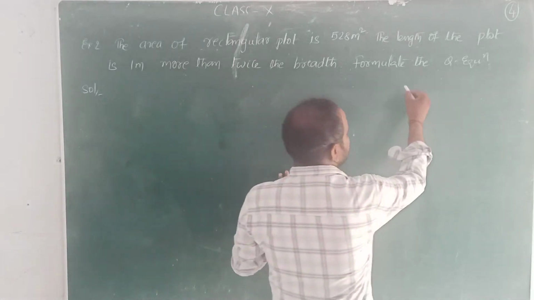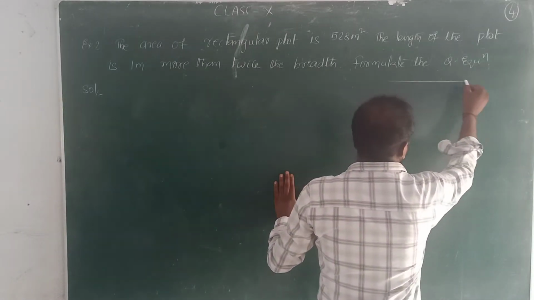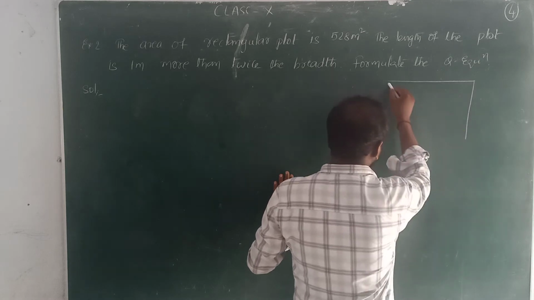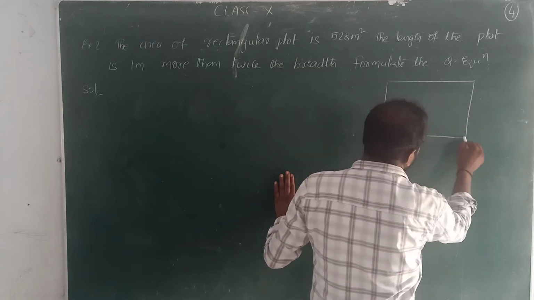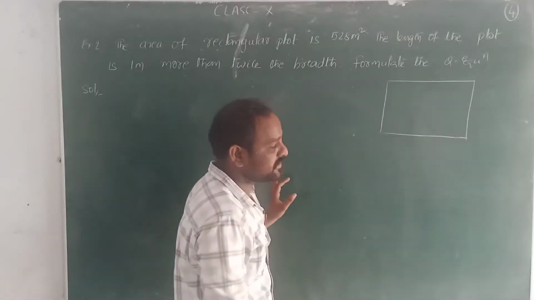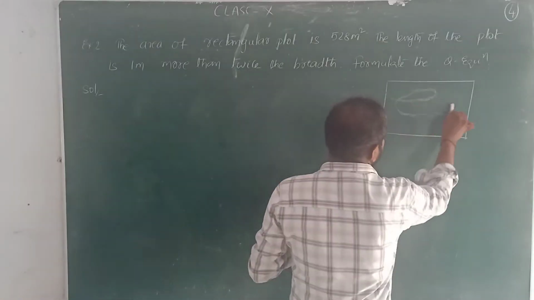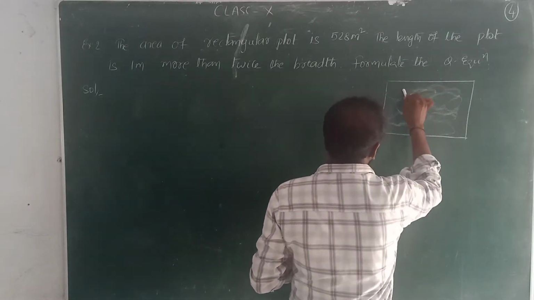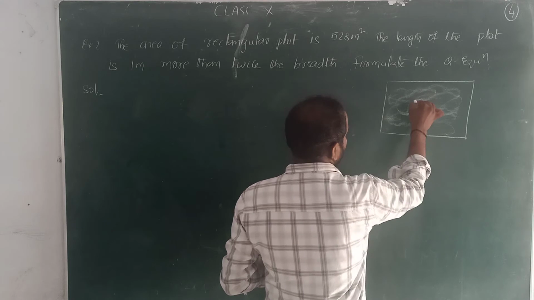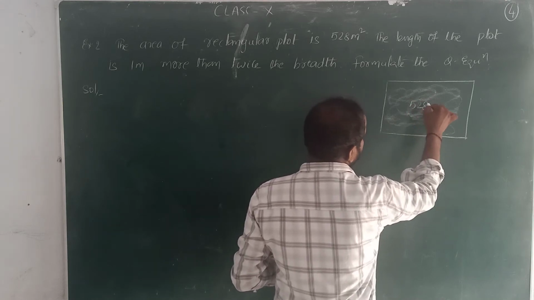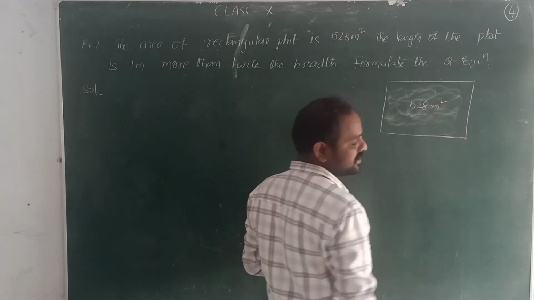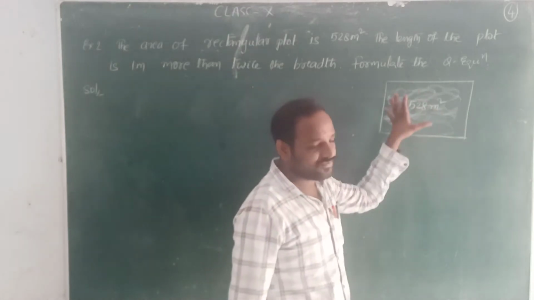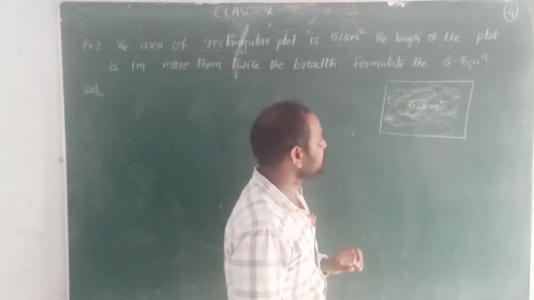So see here, the plot is in which shape? Rectangular shape. The area of this rectangular plot is how much? 528 meters square. So this is the area of rectangular plot.